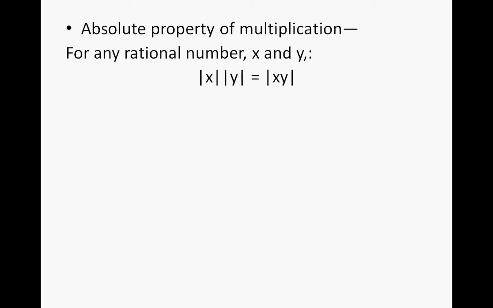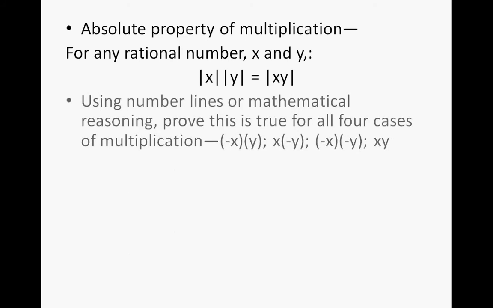So an absolute value property of multiplication: for any rational numbers x and y, if you take the absolute value of x times the absolute value of y, you get x times y and the absolute value of that. So using number lines, you'll want to pause the video. Go ahead and show that this is true for all cases of multiplication.